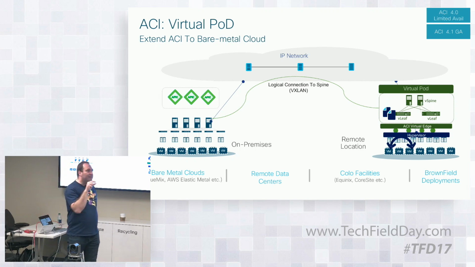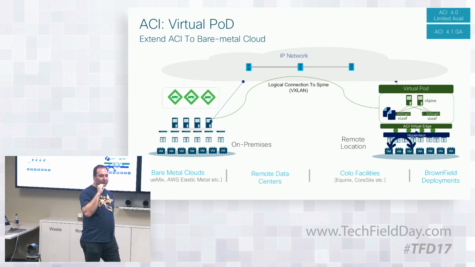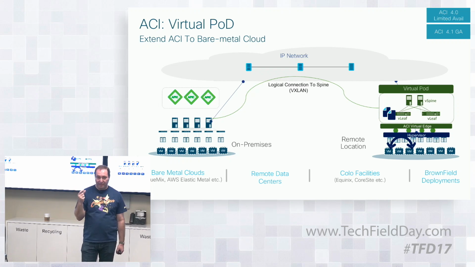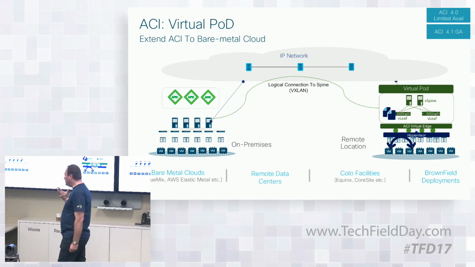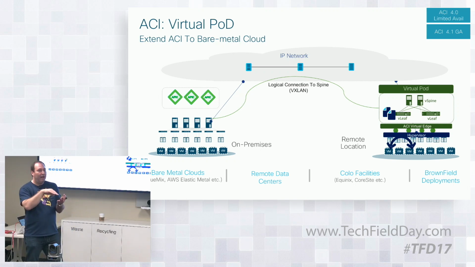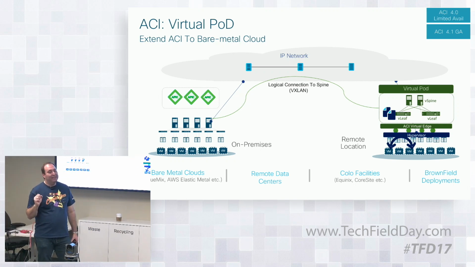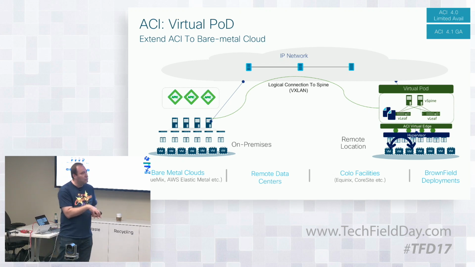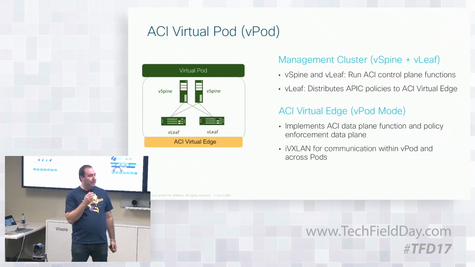So the spine construct and the leaf construct are now an OVA that I can deploy locally. And what's happening is that I can basically take that connectivity, that same way I was addressing my remote leaves, and I can now address my virtual machines and allow them to connect to my APIC cluster.